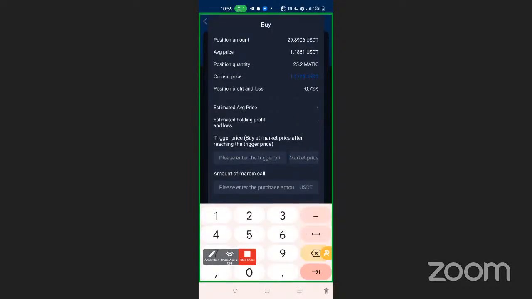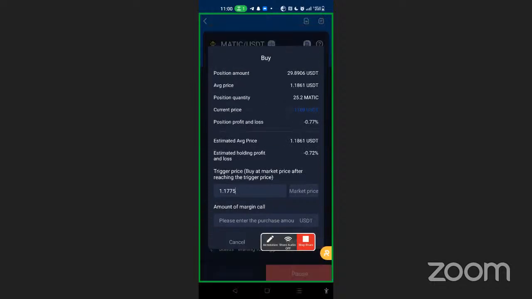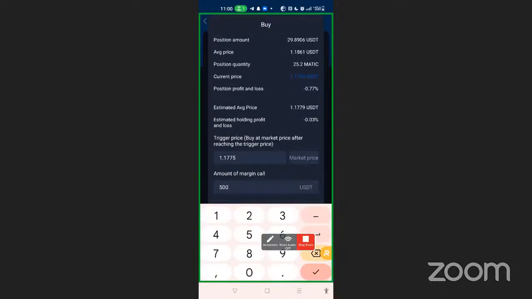Maybe you say, when this coin gets to 1.1, I'm looking at the current price, 0.775, then I say put in $500.